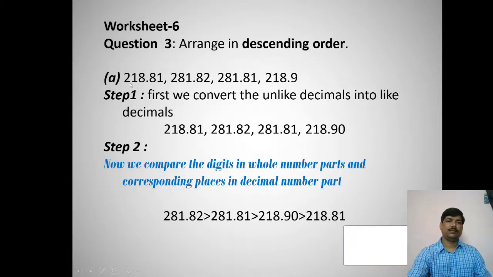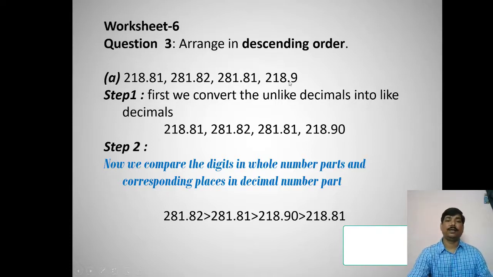Here are the numbers: 218.81, 281.82, 281.81, 218.9. So all these are also unlike decimal numbers. You have to make them like decimals. The maximum number of digits is 2.